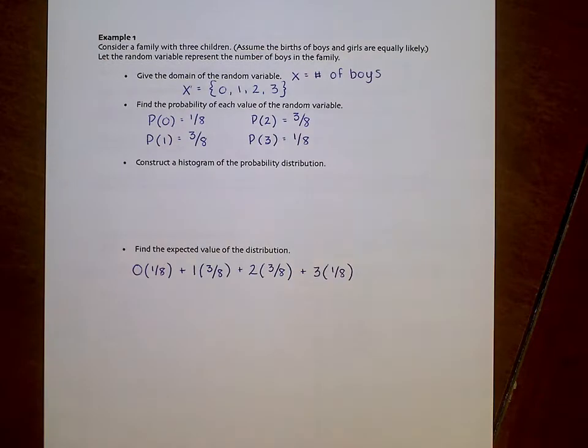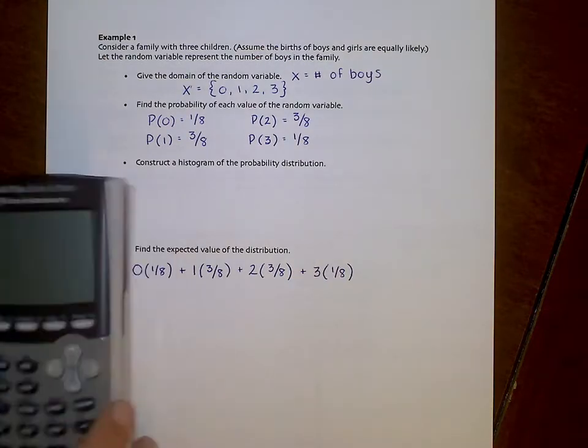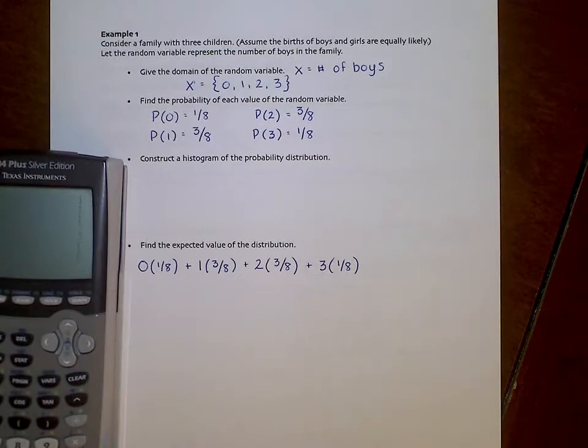That's the expected value, okay? Now, this is not going to be super earth-shattering for this particular example, but there will be others where this makes more sense. Obviously, I don't really need to put the 0 one in there, but I'm doing it just so you see what I'm doing.